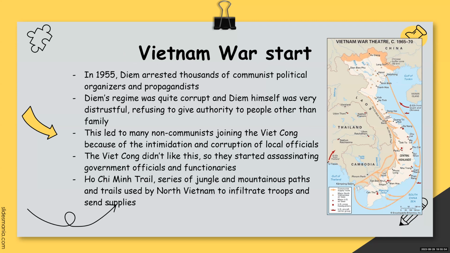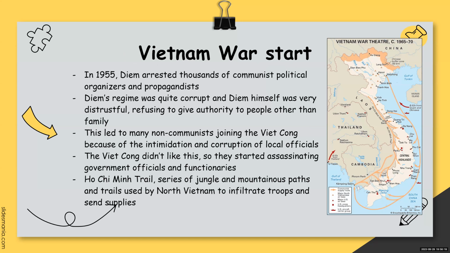In 1955, the Vietnam War started because Diem started arresting thousands of communist political organizers and propagandists, and the Viet Cong obviously didn't like this, so they started assassinating Diem's government officials and functionaries.